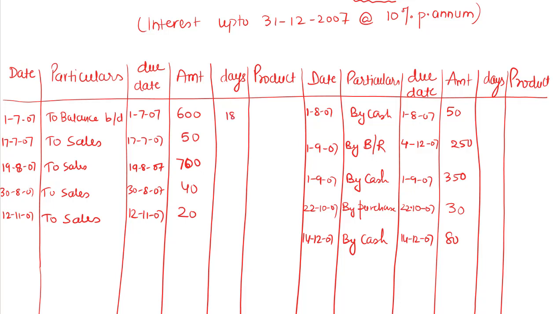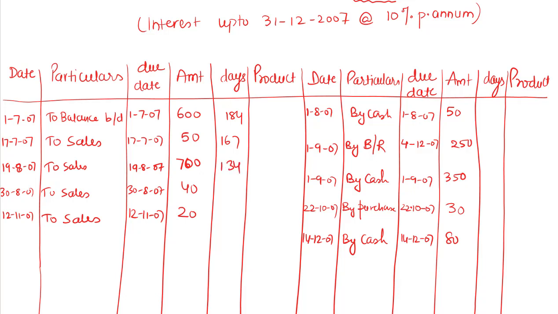Total days 184. Same calculate over here: 17/7 to 31st of December, exclude this date. 31 minus 17 is 14, and the rest total accordingly. 167 days.